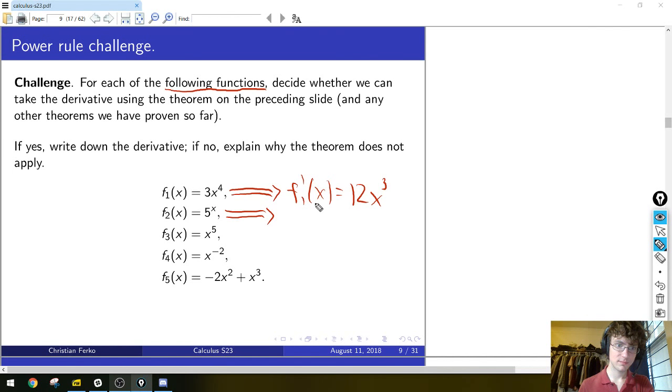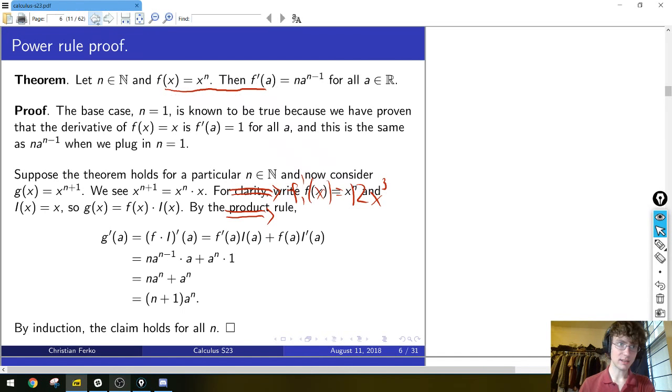Will it simply be x? Ooh, interesting. Why do you say x? It would be x times 5 to the power of x minus 1. Let's back up.